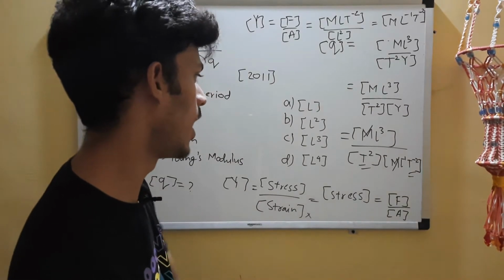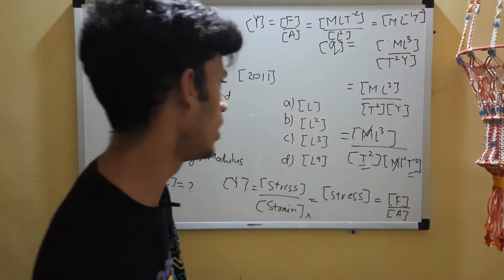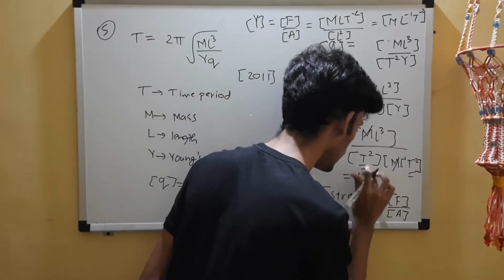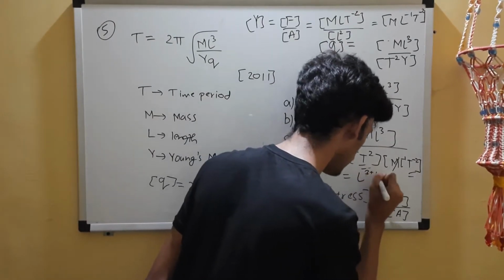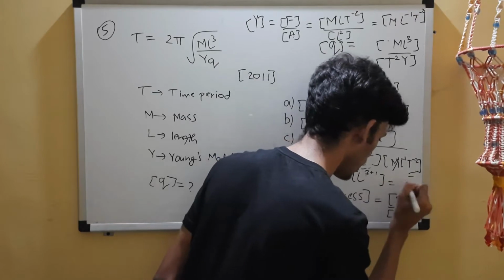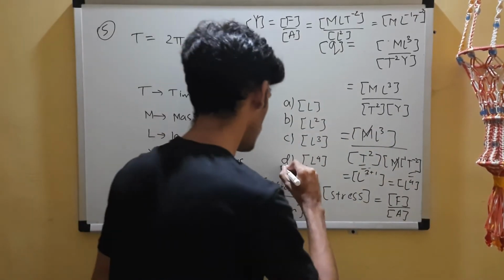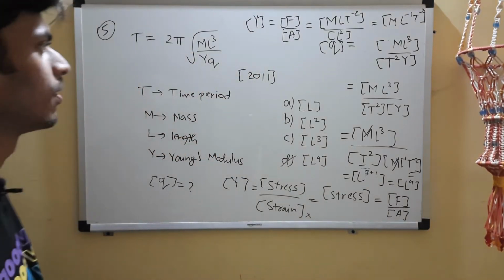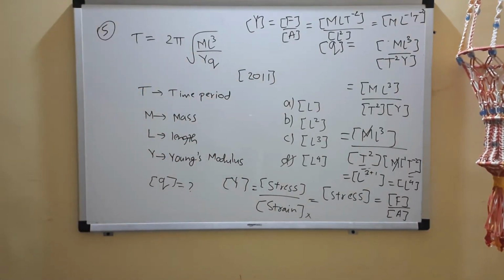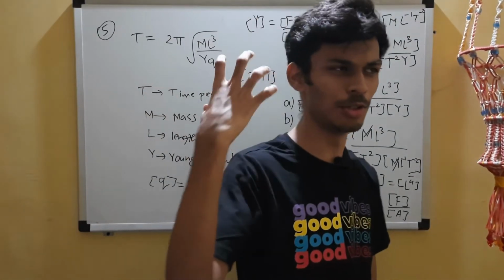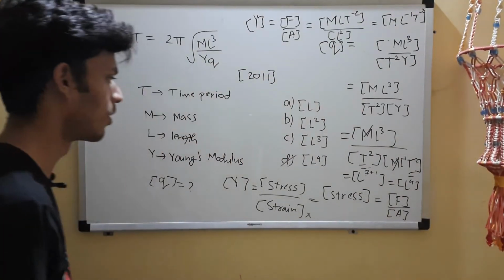And here you will get L to the power 4, right? This will go on top as plus 1, so L to the power 3 plus 1, and you'll get L to the power 4. So the correct choice is D. You can note that down. Also, the notes of this are available on the website, so you can download them from there too.